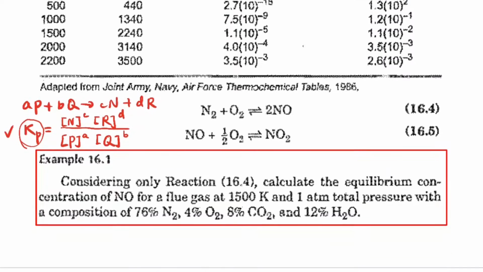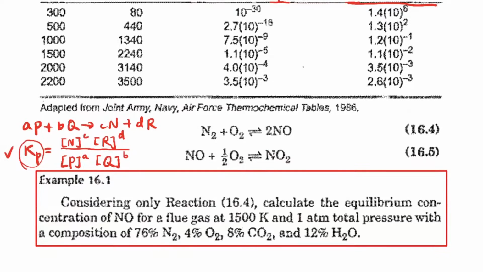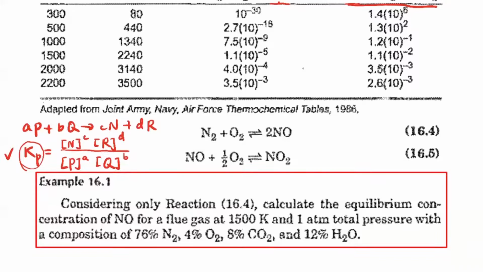So here we have an example problem. That's example 6.1 in your textbook. The problem wants us to just consider reaction 14.6, which is the first step forming the nitrogen monoxide.